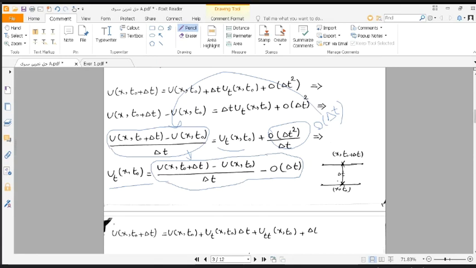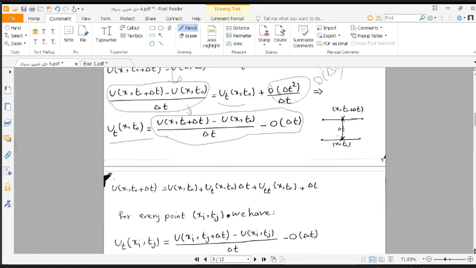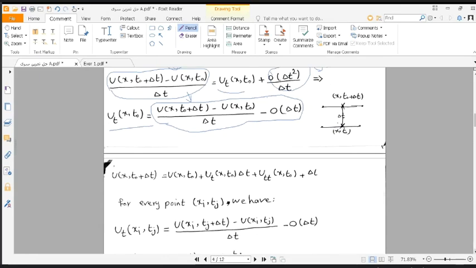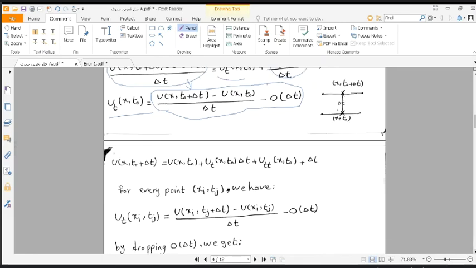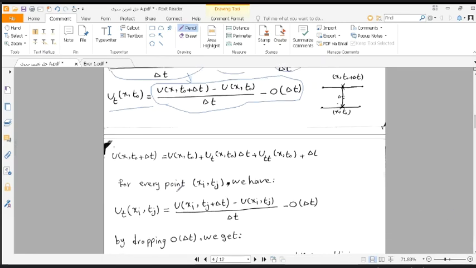If we drop the truncation error, we have an approximation for u_t at (x, t0), and also for every point (xi, tj).